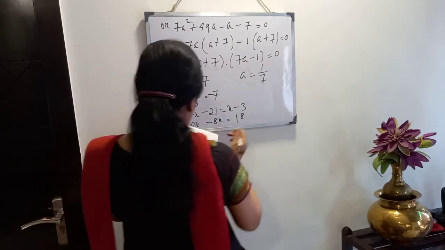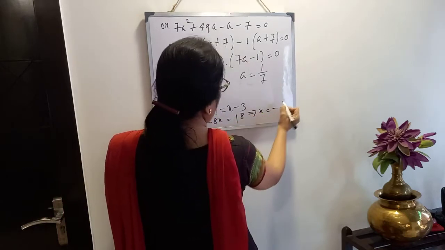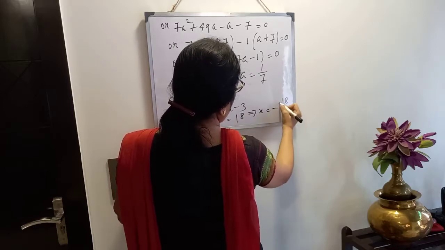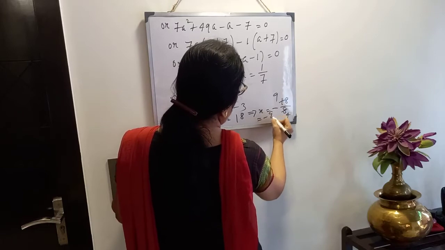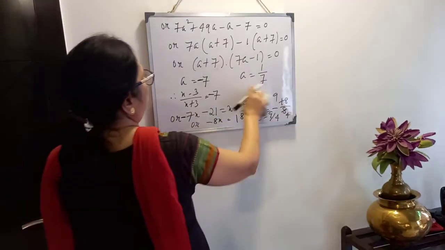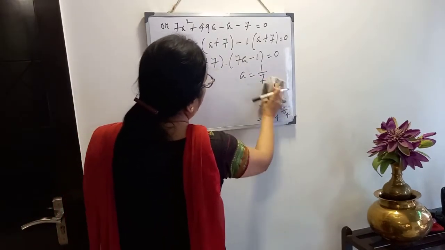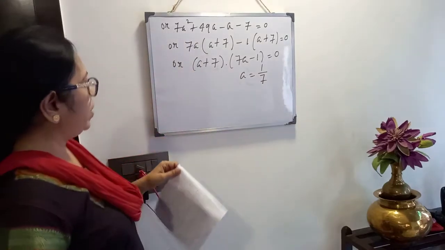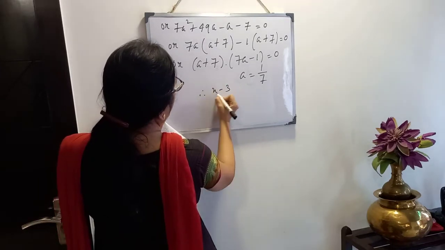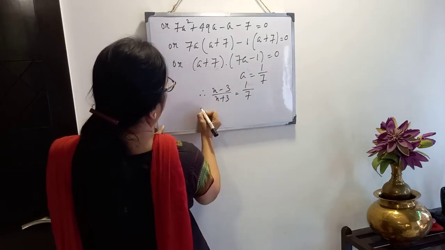So x equals to minus 18 by 8. Now by 2, one value we are getting is minus 9 by 4. Clear? Now from here we have to calculate the other value. When a equals to 1 by 7, that means x minus 3 by x plus 3 equals to 1 by 7. Then cross multiply.